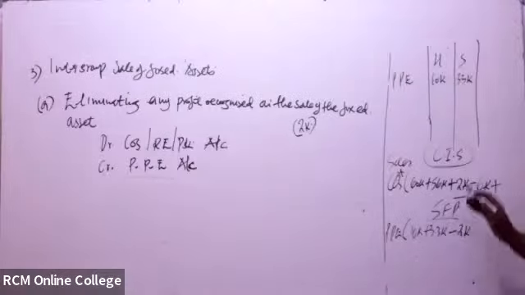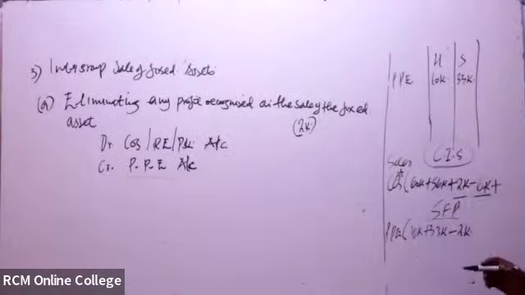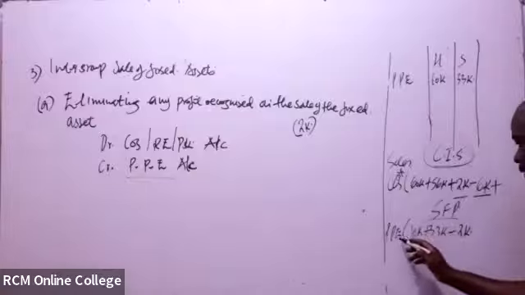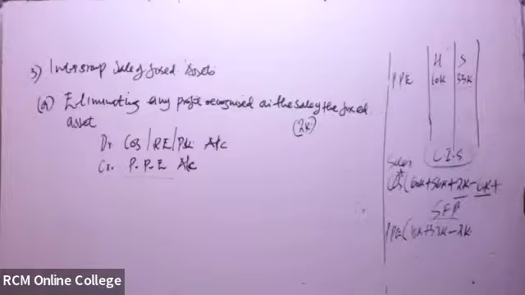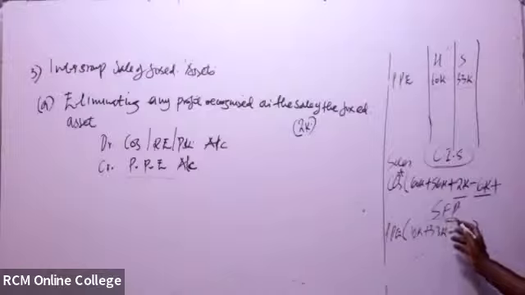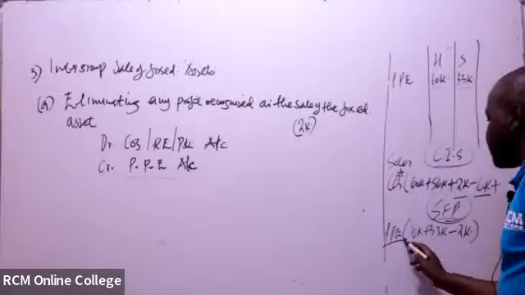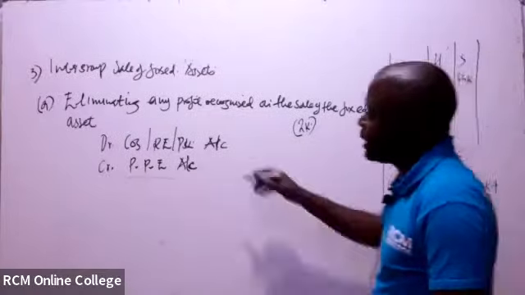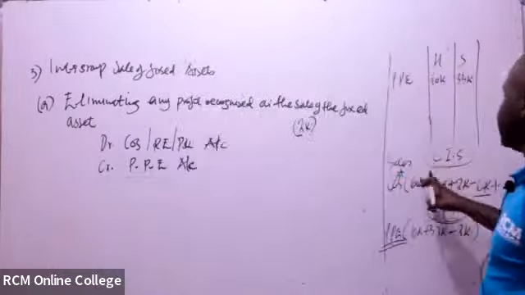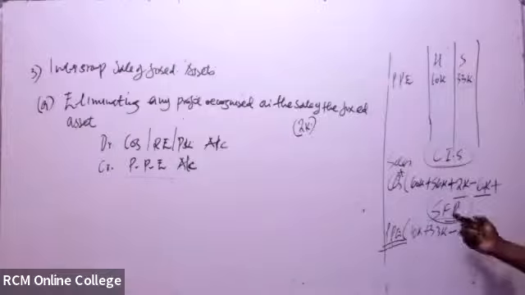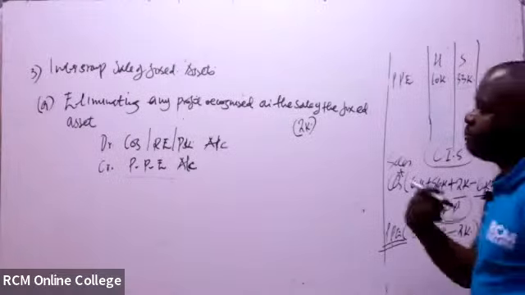We'll comfortably start preparing our SFP. But now, the first item, property, plant and equipment, we add line by line, 10 plus 33. But you have to remember that we deduct, so that we get the correct figure to go into the SFP as property, plant and equipment. So that's basically how these adjustments will eventually affect the final accounts, which are the ones we'll likely be preparing.